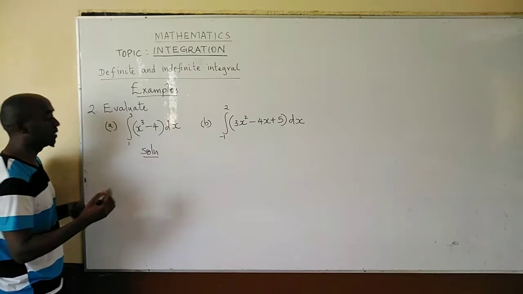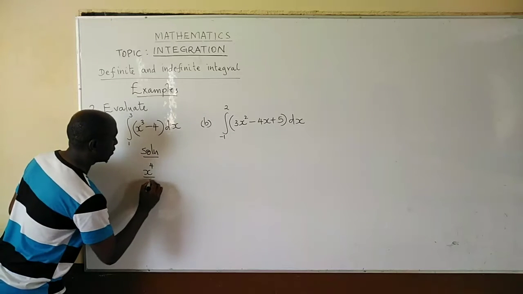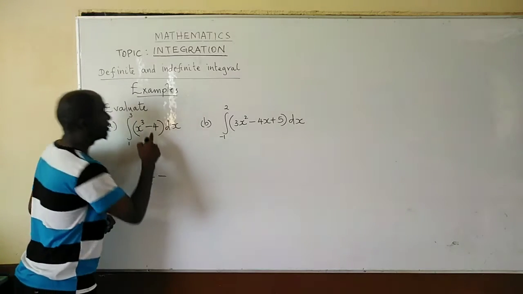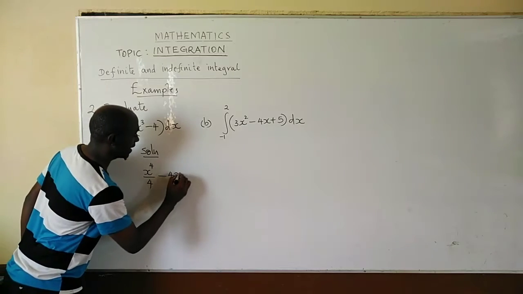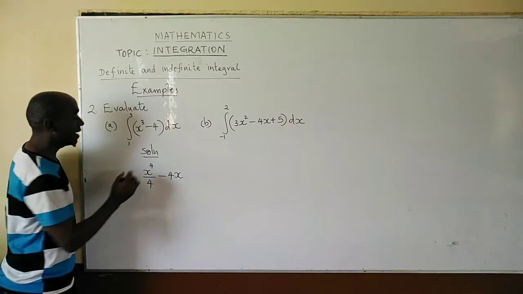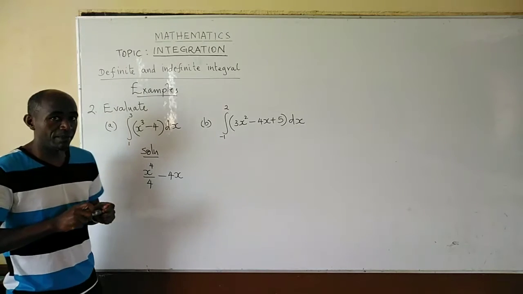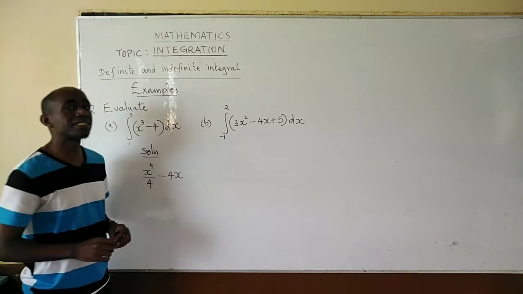Integrate x cubed, you will get x power 4 over 4. Minus, integrate 4, a constant, you will get 4x. Then, for definite integral, if you remember, there is no need of putting plus c.